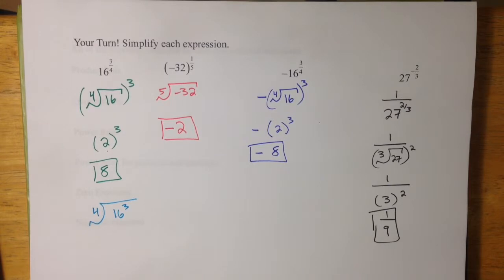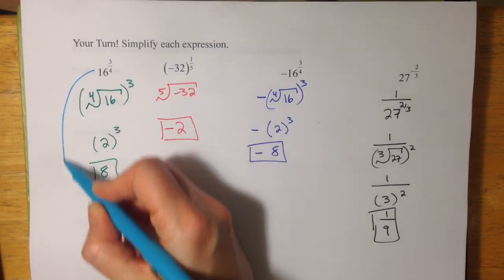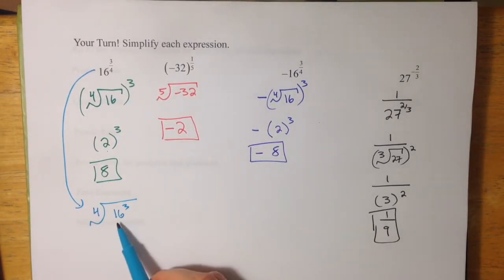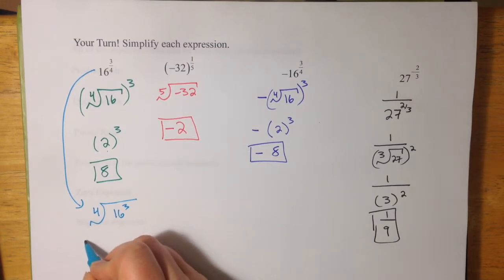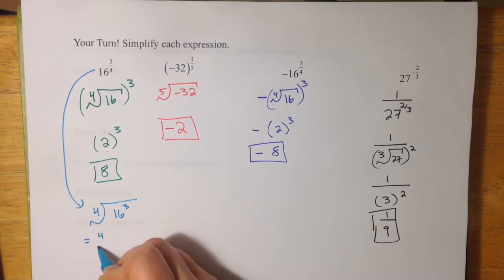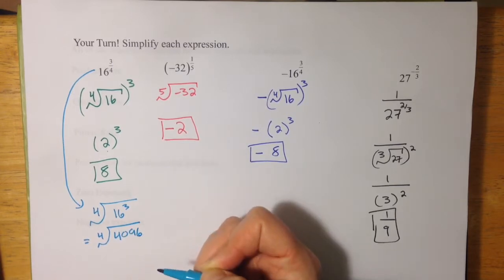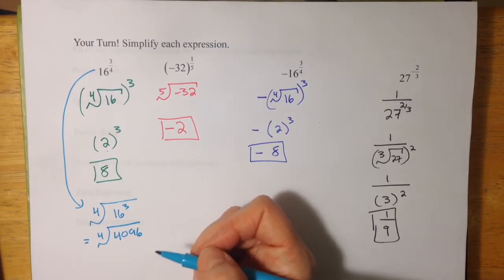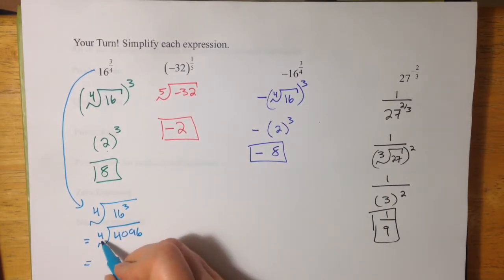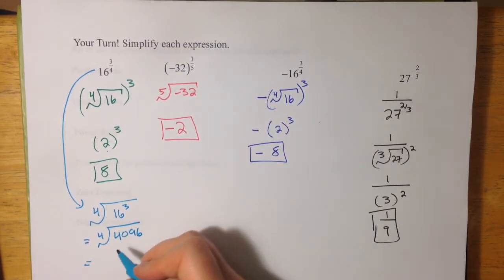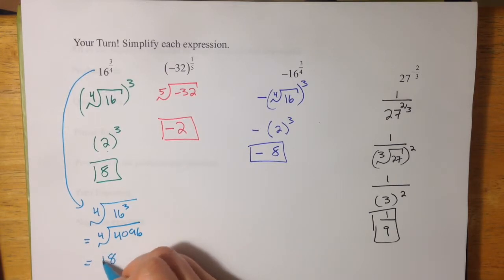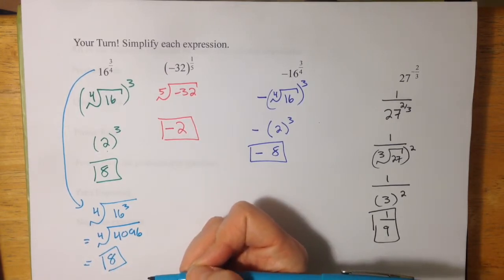The reason that I chose not to rewrite it in this way is because 16 cubed is a huge number. So I end up with the 4th root of 4,096, which frankly I don't know off the top of my head. However, I can always ask the calculator, and the calculator will tell me that the 4th root of 4,096 is 8. We get the same answer either way.